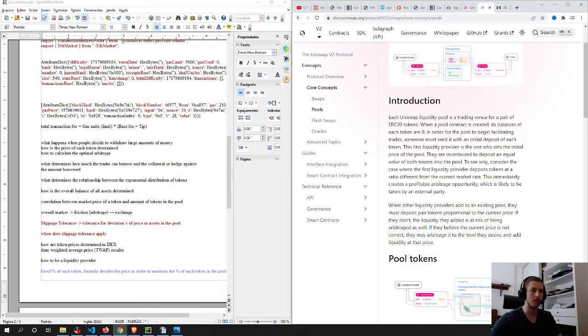If they don't, the liquidity they added is at risk of being arbitraged as well.